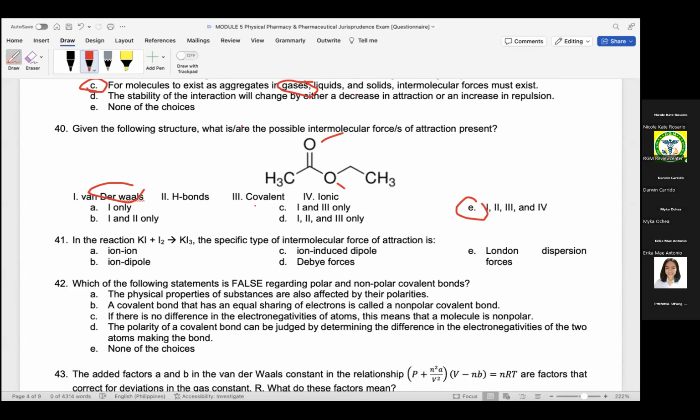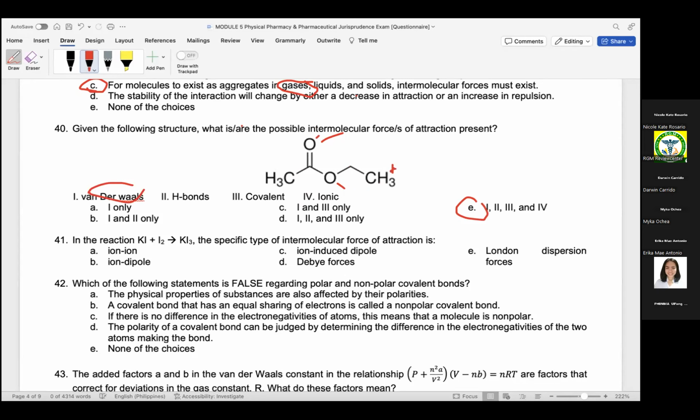Covalent bond, pwedeng polar and non-polar. This one, may semi-polarity siya. So polar because of this group, carboxylic group, and non-polar because of this group. Ionic kasi pwedeng maging negatively charged to and maging positively charged to. So they can potentially have ionic interaction. Okay, so letter E is the correct answer.